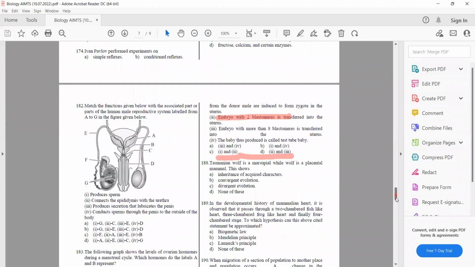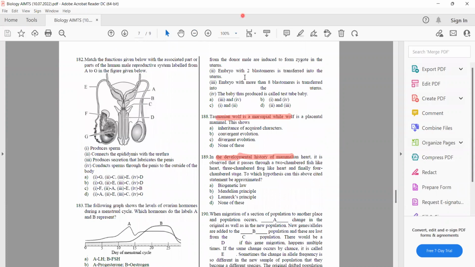182. We are supposed to identify the region responsible for producing sperm. The region responsible for producing sperm will be the testis, G. What connects the epididymis with the urethra?